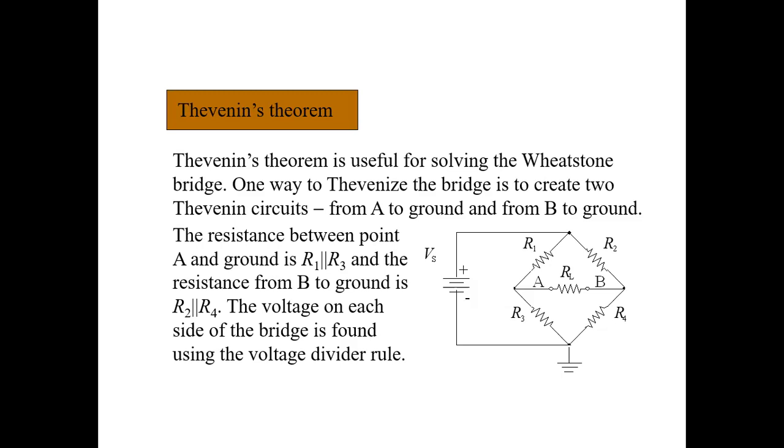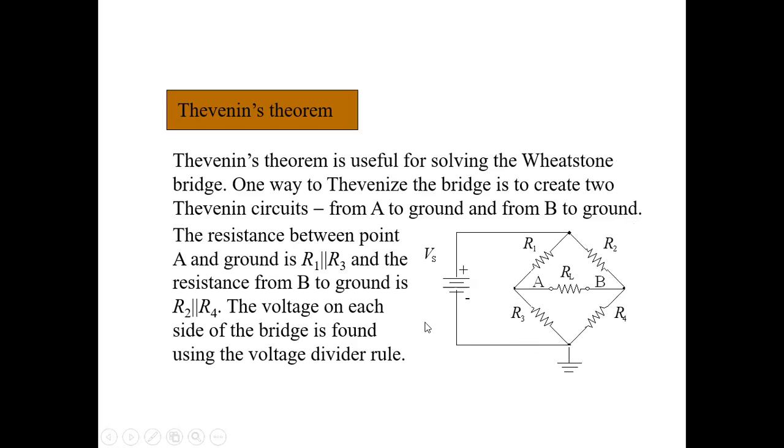So firstly from A to ground, then from B to ground, by using two ways. We are considering R2 R4 on the first side, and R1 R3 on the second side.